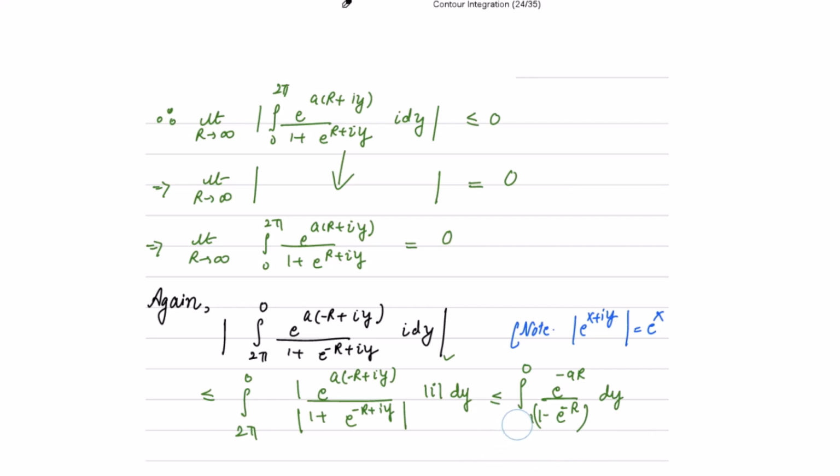So it is fine if I change the limit in the beginning, because in the mod, if I change the limit, I get the negative sign, and because it is mod, that will become positive again.